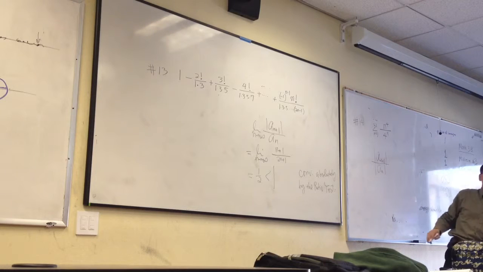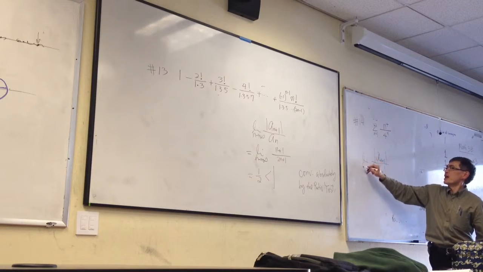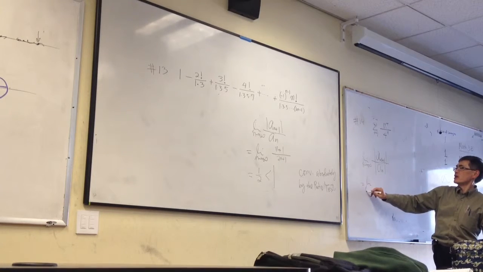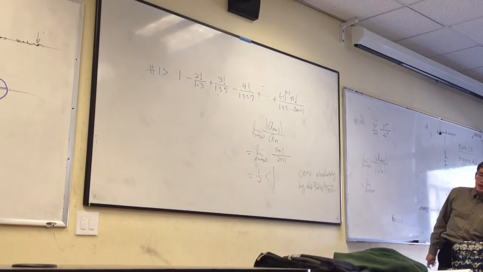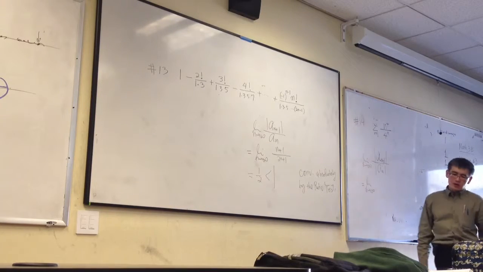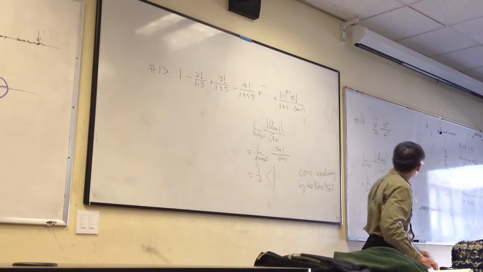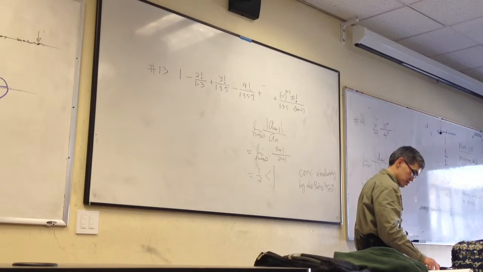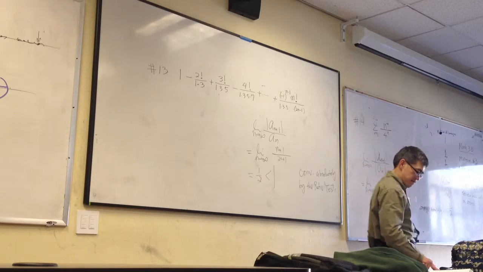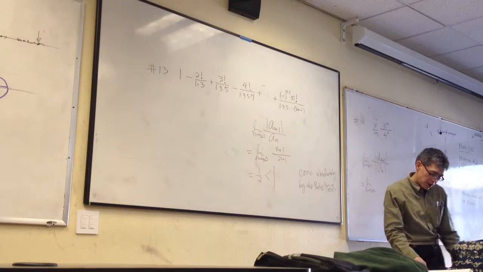Actually, everything is positive, right? Okay. The limit as n goes to infinity is equal to the limit as n goes to infinity of the following.